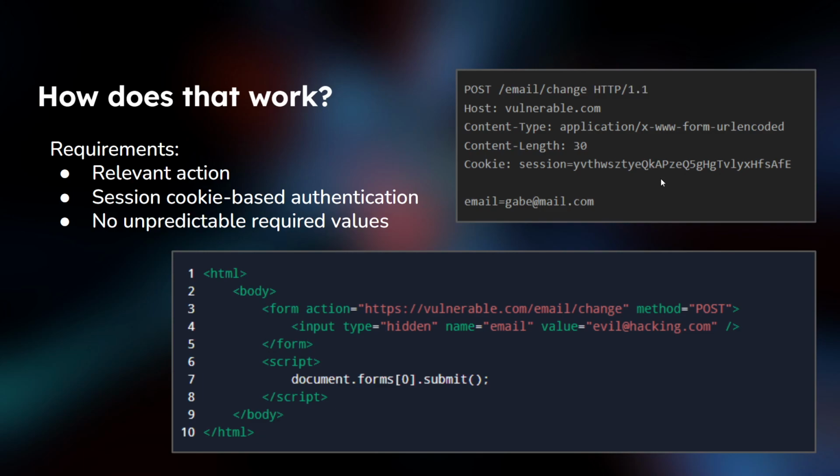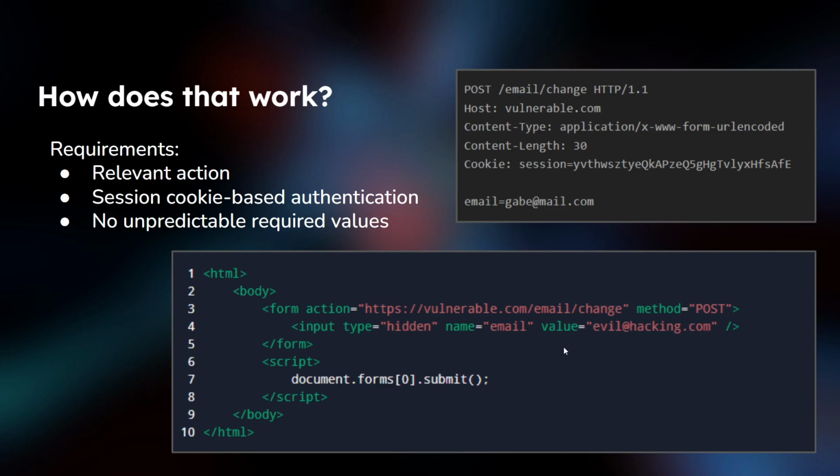The issue with this is if we can trick our target user to click on our site, we could have this form here that just sets up the same request, but it's going to end up using their session cookie to authenticate that request. So we're forging a request as if it's coming from the user by making them click on our link somehow, by social engineering or just sending it to them, or maybe cross-site scripting is the way you end up getting them to navigate to our page and perform the desired action.